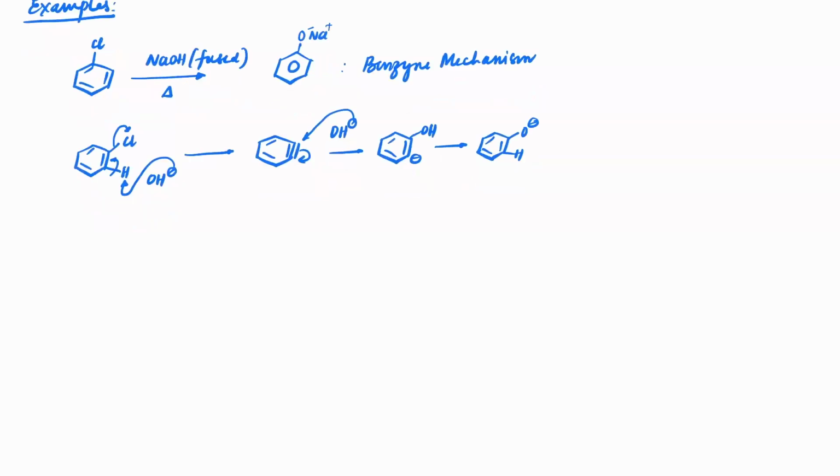Another example you will notice is this one. When you have chlorobenzene reacting with ammonia in the presence of CuX, some cupric salt, and strong heating, this ammonia becomes a stronger base and converts into NH2.